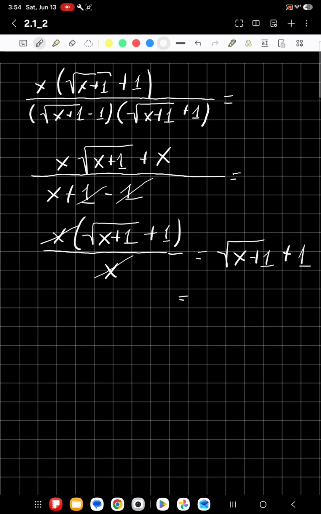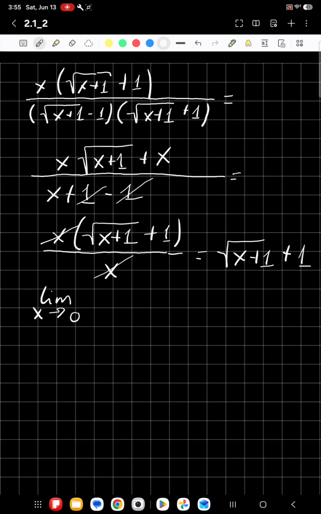Well, let me actually, hold on. Let me write the limit. So we have a limit with x approaching 0. And actually I don't have a fraction line anymore.